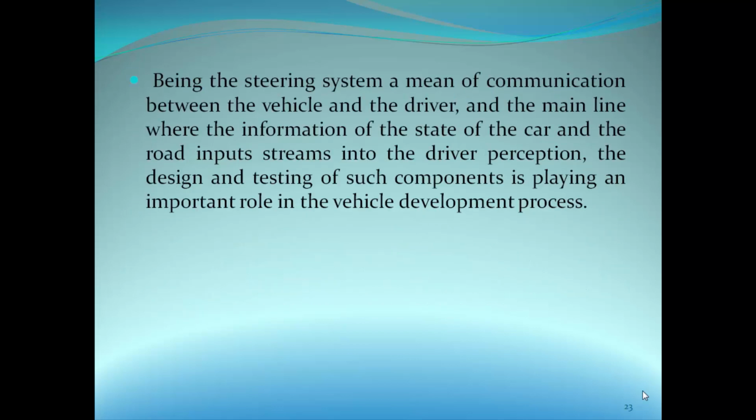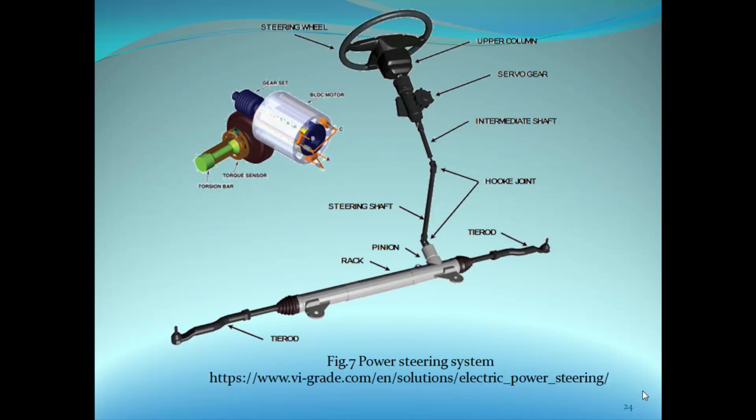The steering system is a means of communication between the vehicle and the driver, and the main line where the information of the state of the car and the road inputs streams into the driver perception. The design and testing of such components plays an important role in the vehicle development process.